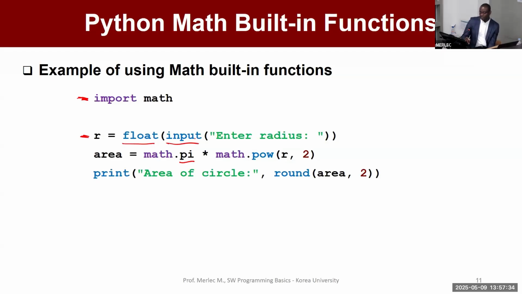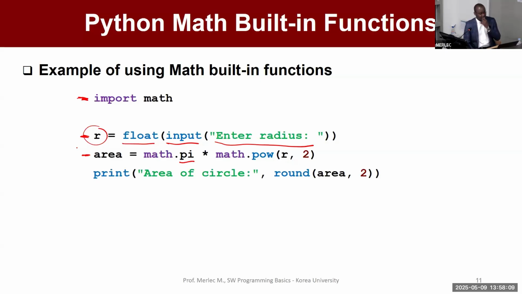Then we use the input function to collect the value from the user. In order to interact with the user, we provide a prompt text in the input function as a parameter that can be shown to the user, so the user will know what to do. Then, as soon as we collect that value, we store it within this variable r, and after getting that value, we run the next instruction to calculate the area.